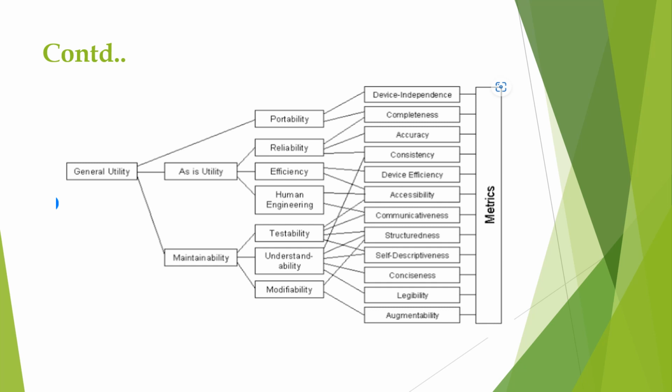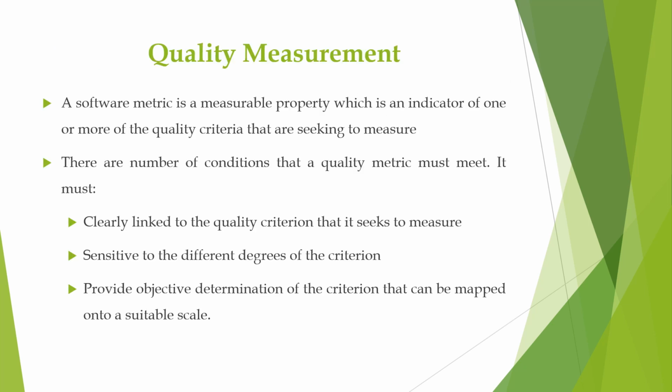So there are two levels of actual quality criteria, the intermediate level being further split into primitive characteristics which are amenable to measurement.